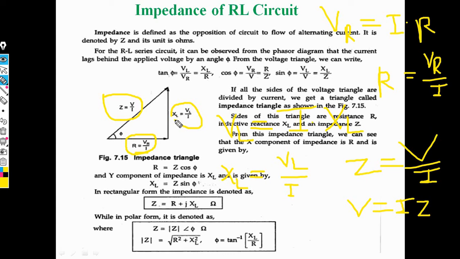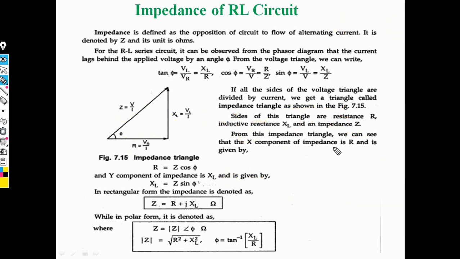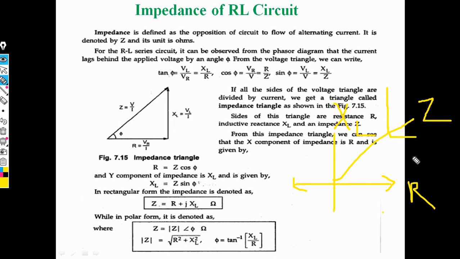Okay, now here, this is for resistance and this is for inductance. Then for resistance we have drawn the impedance. Then on the x-axis cos phi.